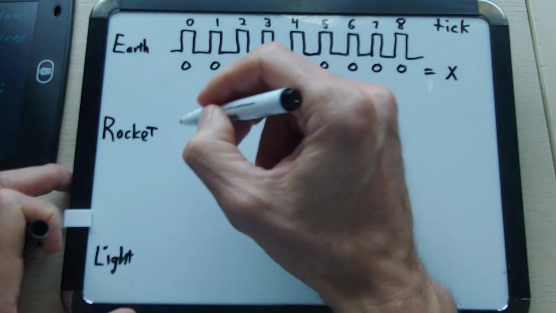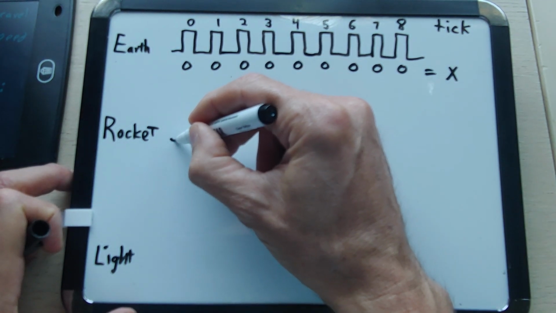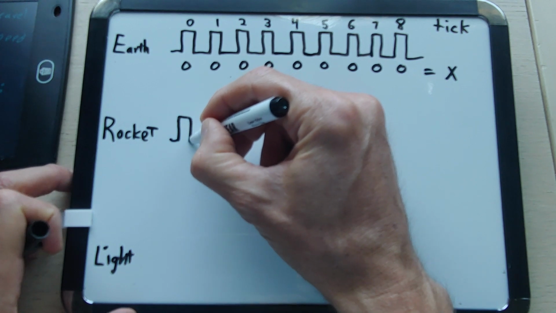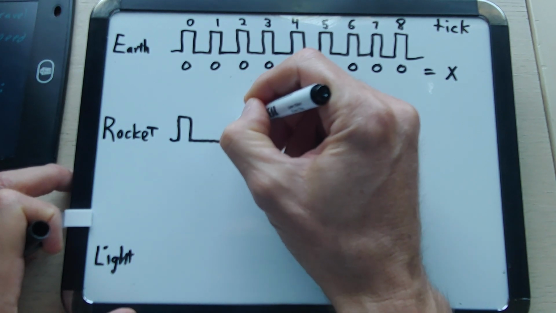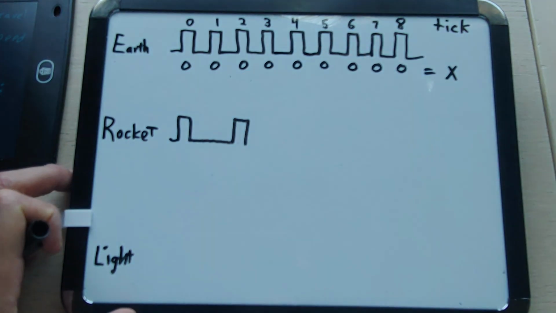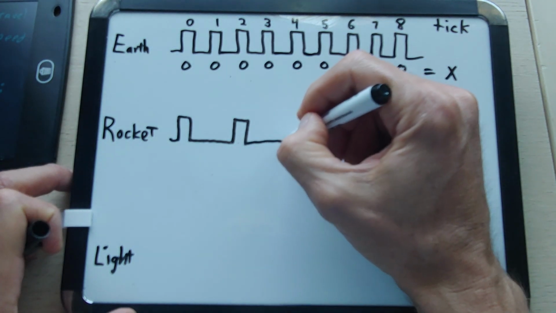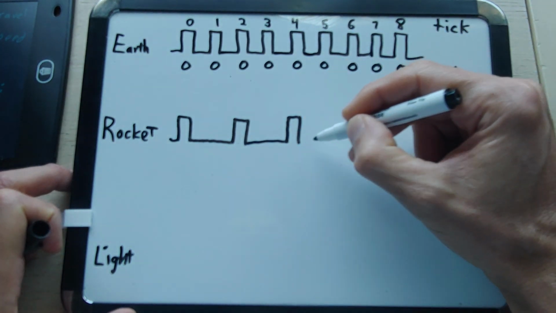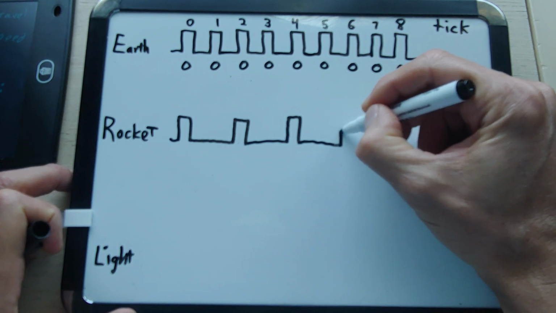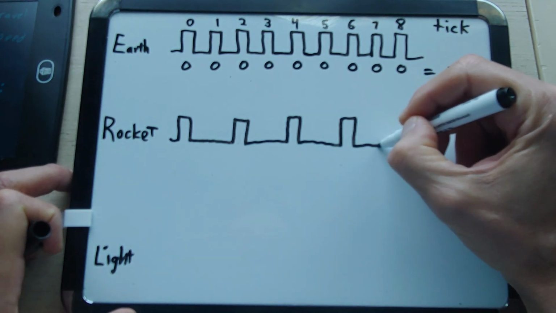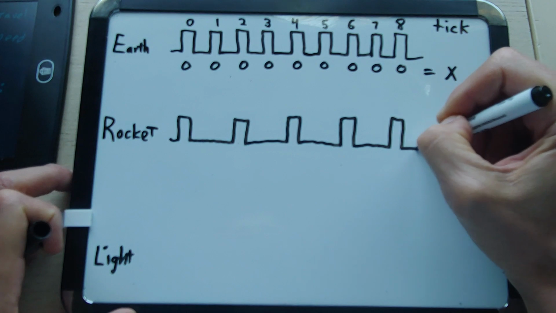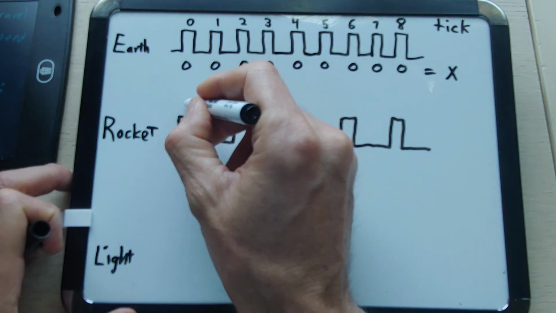Now the person on the rocket, he's going very fast. We're going to set his tick rate to be 1/2 of the person on Earth. So he's going so fast that he only gets to wake up and observe an event every other tick of the Earth. So his ticks are like this.